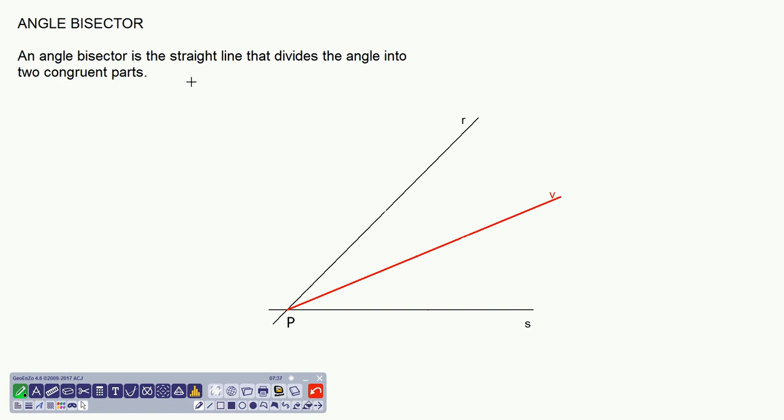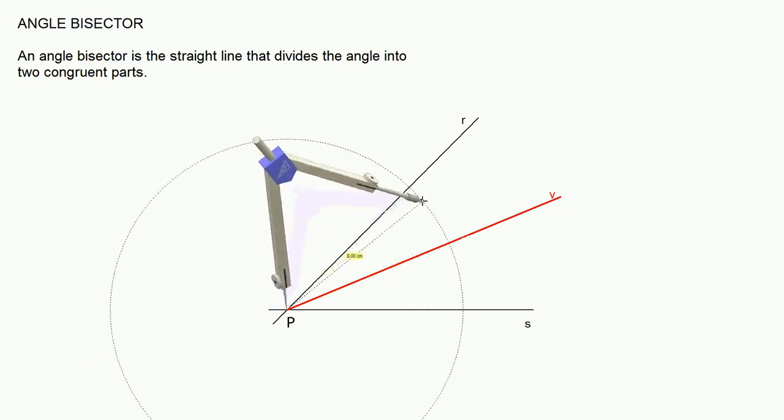So an angle bisector is the straight line that divides the angle into two congruent parts. Let's check if that's true: the angle that lines S and V form should be the same as the angle that lines V and R form.